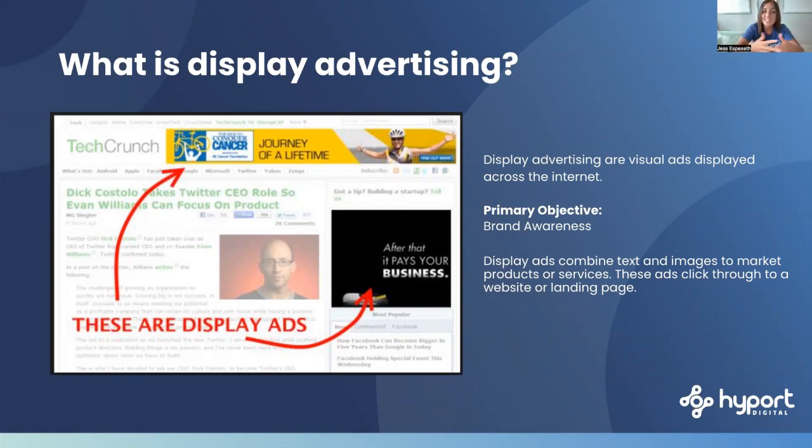These are display ads. Here you can see on the screen, as an example, these banner ads that pop up across the top, along the sides, next to an article, and sometimes show up in the middle of the article that you're reading. Display ads are served to us based off of a ton of different variables.